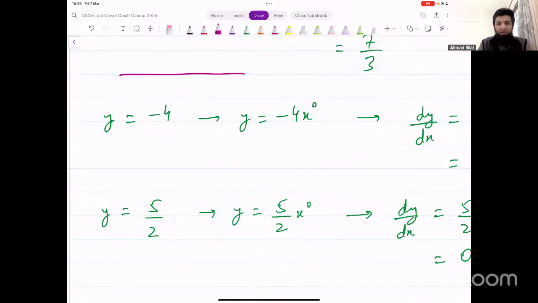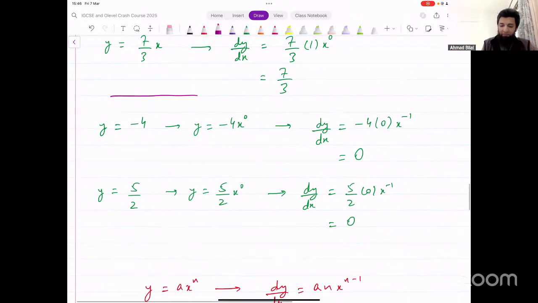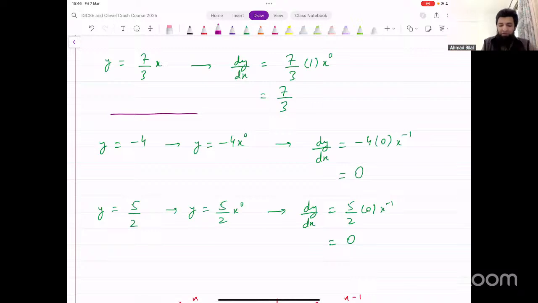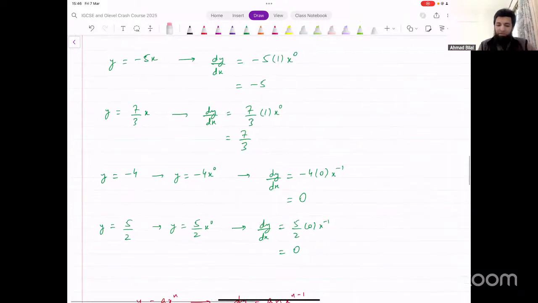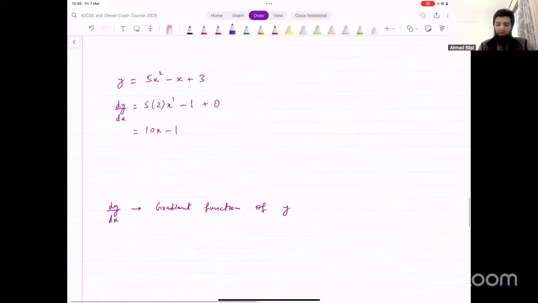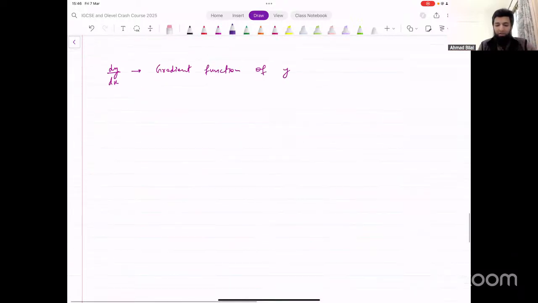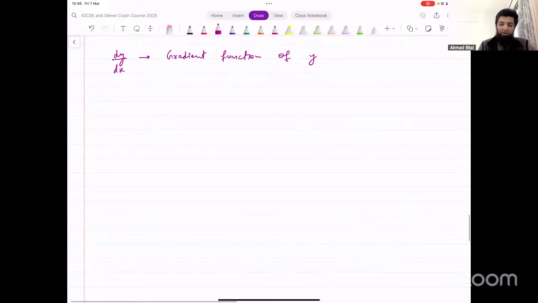So that is why whenever we differentiate a constant, whenever we find the derivative of a constant, it's always 0 because the gradient of horizontal lines is 0. Okay, you can also think of it this way for these two specific kinds of functions where you have a straight line like this or this. For the other functions, you apply that rule that we discussed, multiply by the power and subtract 1 from the power. All right.